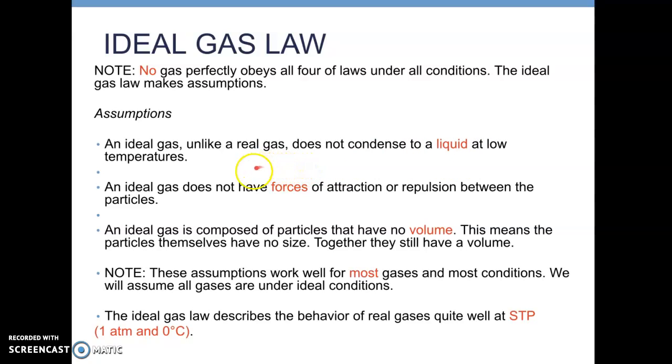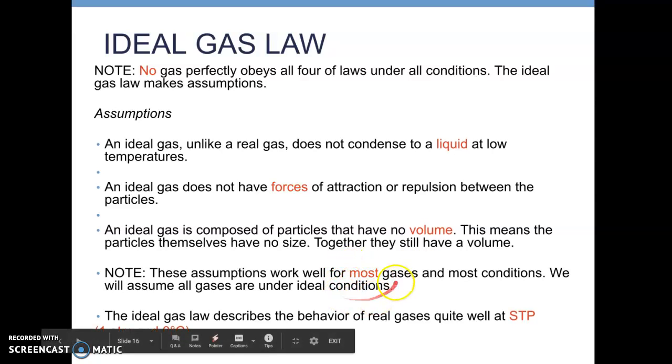And there are no forces between the molecules themselves, either bouncing off one another or attracting or repulsing one another. The particles themselves take up no space, which we know is not true. Even if an atom is mostly empty space between the nucleus and electrons, we know that atom still has volume. But those assumptions work well for most gases under most conditions.